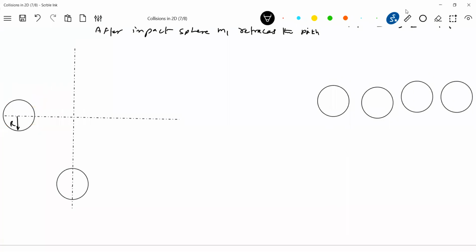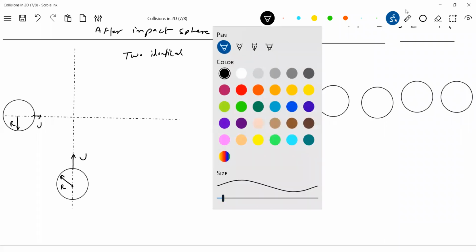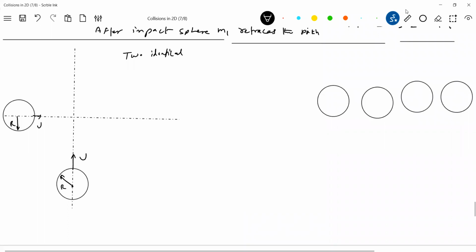Let me have radius r. They're approaching with a speed u. I'll give the description.